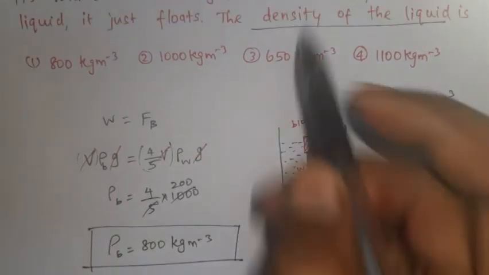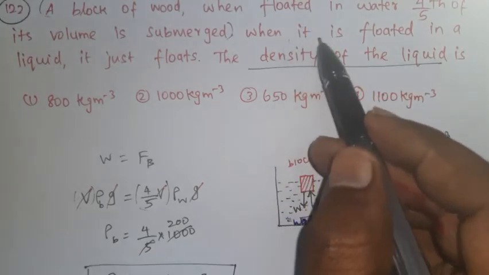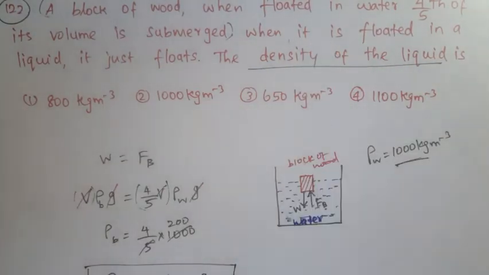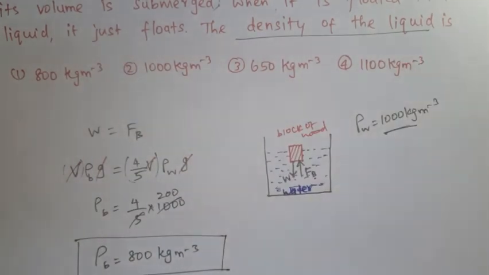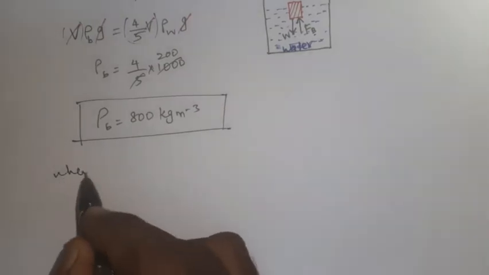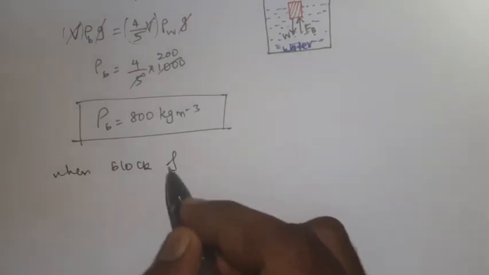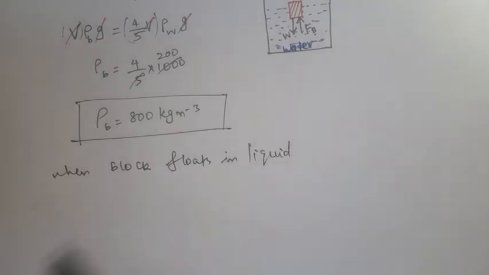Next concept: when the block of wood is floated in some other liquid, we have to find the density of that liquid. So when the block floats in the liquid, again the same formula applies: weight is equal to buoyant force.